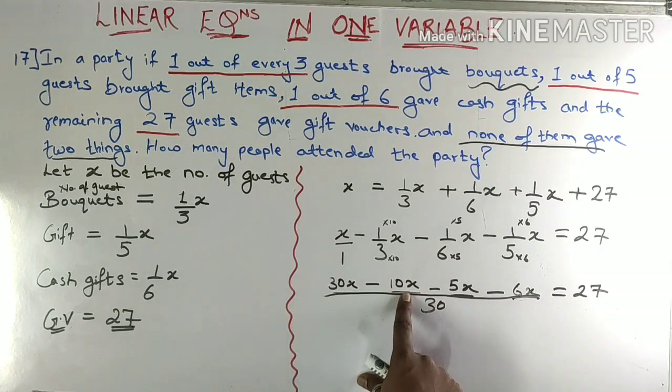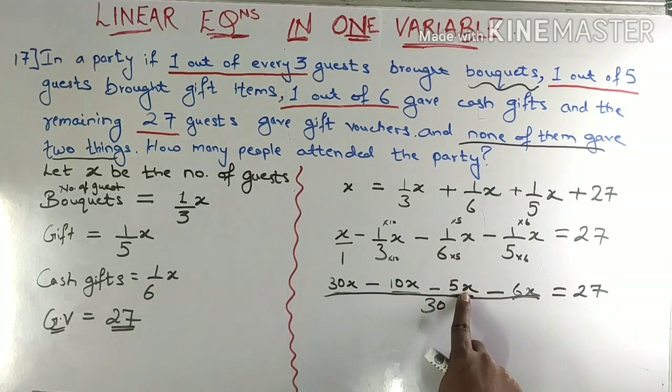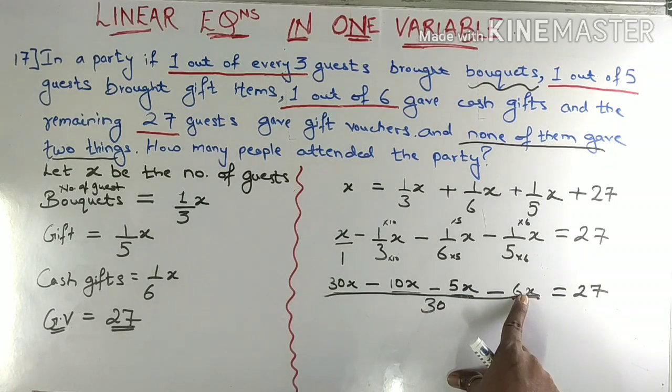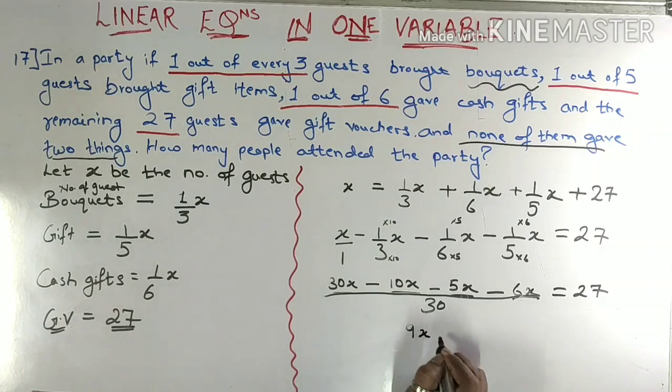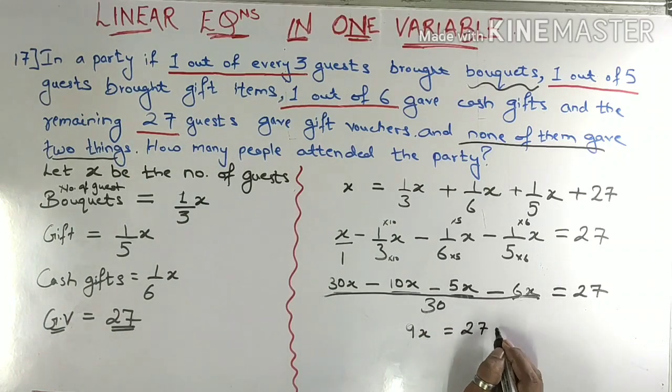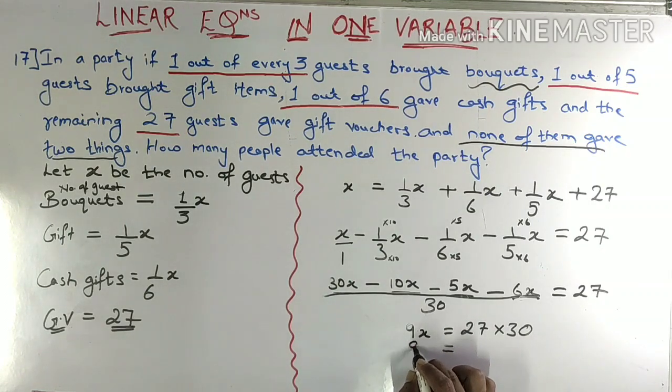30 minus 10, 20. 20 minus 5, 15. 15 minus 6, 9. So 9x upon 30, I'll take it over the other side and multiply it with 27. So 9x is equal to 27 into 30. 27 3s are 81.